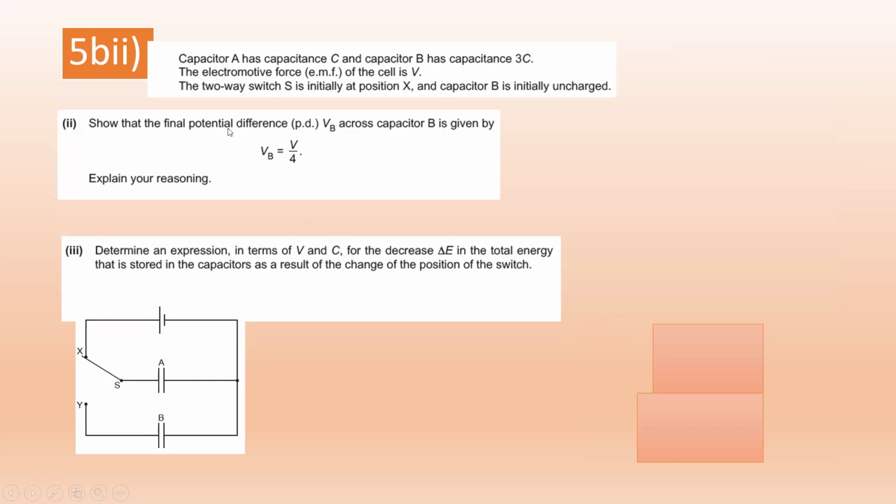Show that the final potential difference across B is given by VB equals V over 4. Explain your reasoning. As we have already argued, finally VB equals VA.